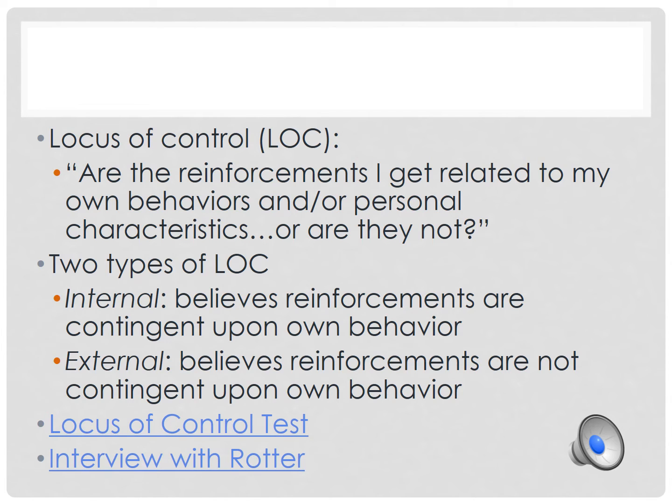Whereas somebody who has a more external locus of control would believe that something like luck, or the intelligence of the play that the coach has called, or how bad the other team is, is really what is in charge of the reinforcements. And I think you can probably sense that, just like with issues related to learned helplessness, there are potential emotional outcomes of having one or the other locus of control in certain environments.